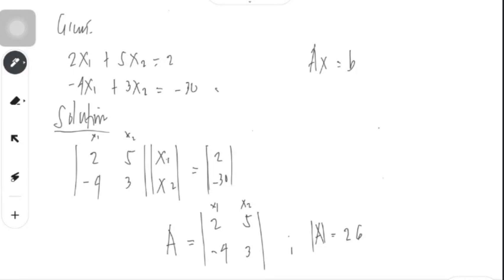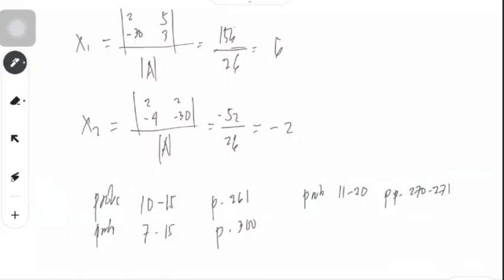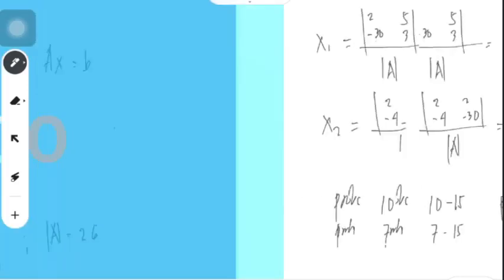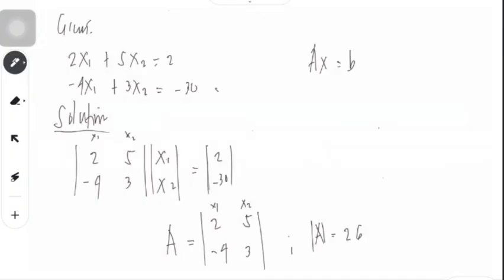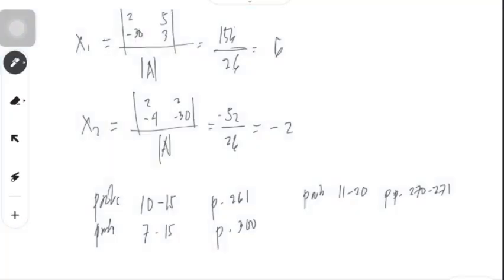So, doing so, we have there 2 and negative 30, 5 and 3. Then divide this by A. Yung value ng determinant. We have x1. That is 6. Now, to solve for the value of x2, we're going to replace the column for x2 by the constant. I-retain natin yung first column. Then, whatever the value, divided by A. You have 52 over 36.